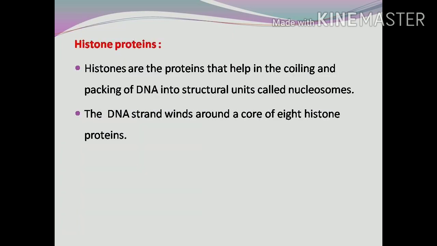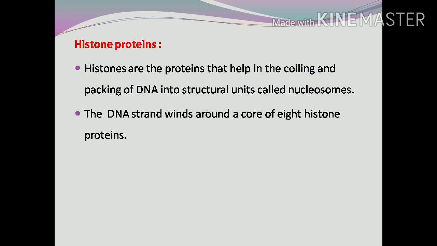Next, histone proteins. Histones are the proteins that help in the coiling and packing of DNA into structural units called nucleosomes. The DNA strand winds around a core of 8 histone proteins. It is called a histone octamer.